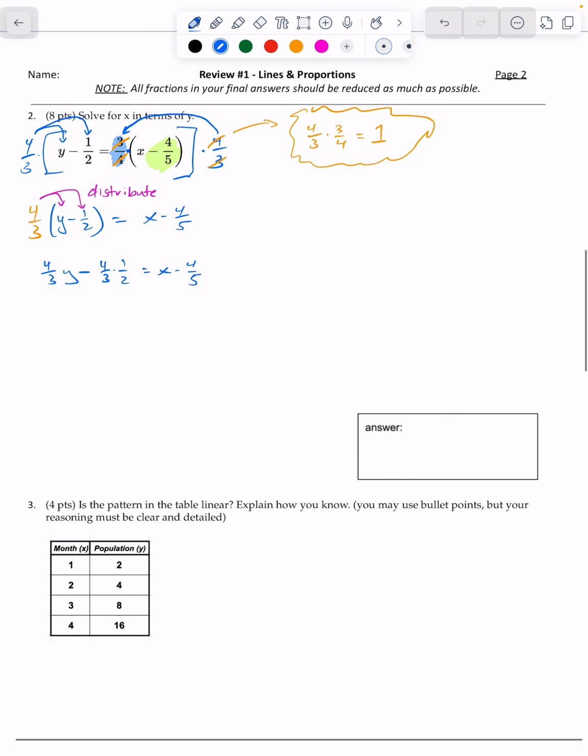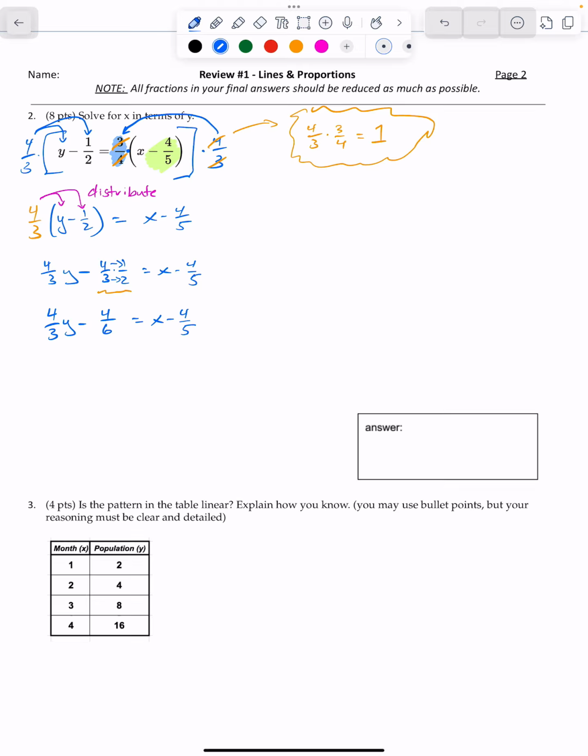Well, I can do this little piece here. 4/3 y minus 4 over 6, because I'm just doing this across, equals x minus 4 over 5. 4 over 6, of course, is 2/3, so I got 4/3 y minus 2/3 equals x minus 4/5.